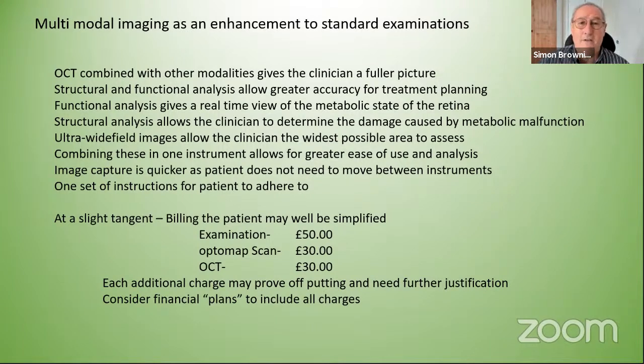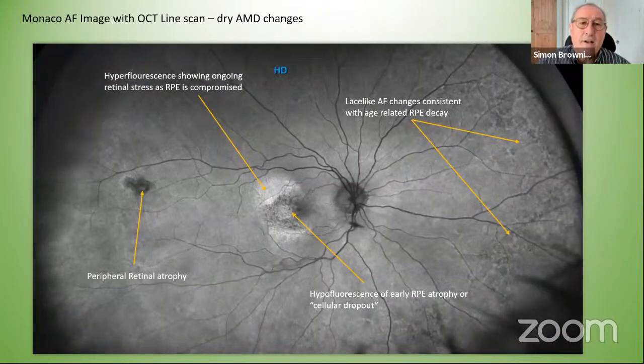And I've known instances where patients have said, well, you choose, I can't afford all of these, you choose which is the best one for me. And of course, there's all sorts of dilemmas there. So by putting everything into one box, you build it into one single charge for everything. And again, I'm always a firm believer nowadays of financial plans within practices to build all of this in, but that's for another lecture. So let's just have a look here.